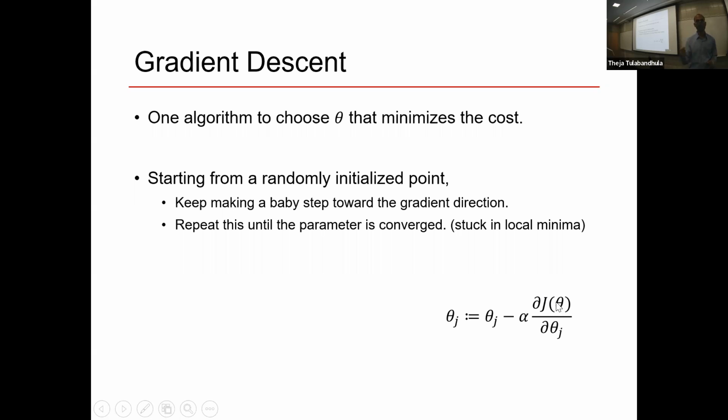J theta, remember, is a function of theta. Given a theta, it's producing a single number. Now I'm asking, what is the partial derivative of J theta with respect to theta j? It just means, can you tell me how much J theta changes its output when I keep everything else the same, but only slightly change theta j?